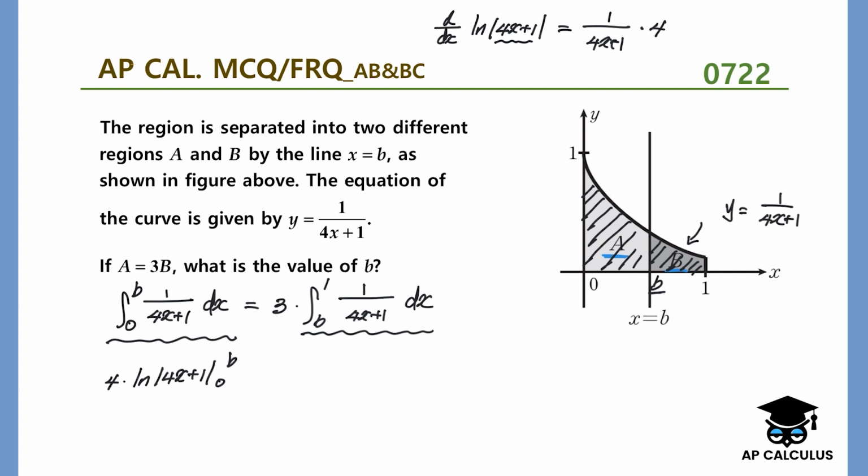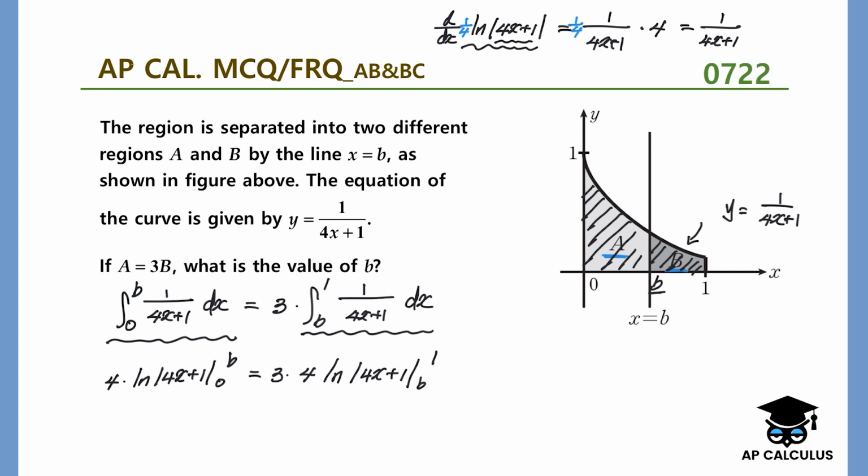So we must have 1 over 4 here, so that the derivative of this function becomes just 1 over 4x plus 1, right? Which means the antiderivative of this function is 1 over 4 times the natural log of 4x plus 1. So this is equal to 3 times 1 over 4 times natural log of 4x plus 1 from b to 1, right?